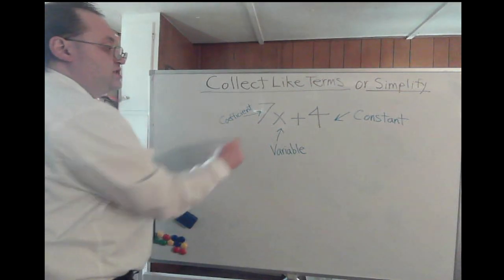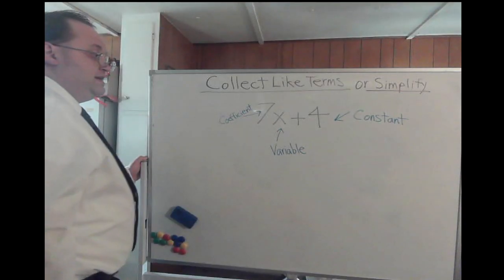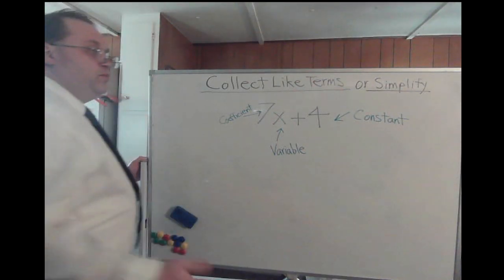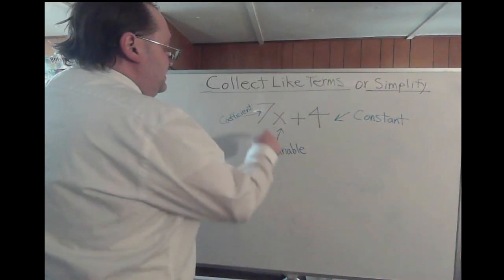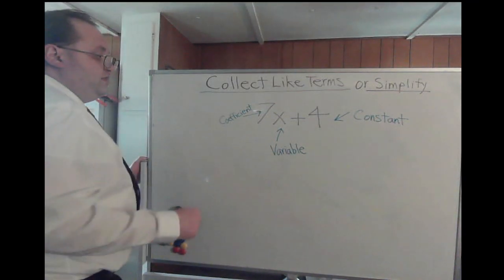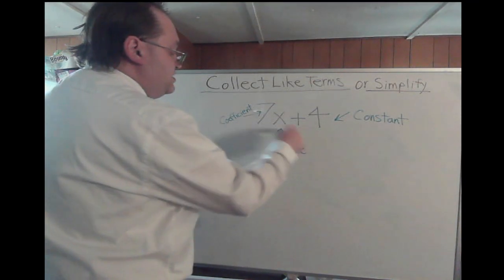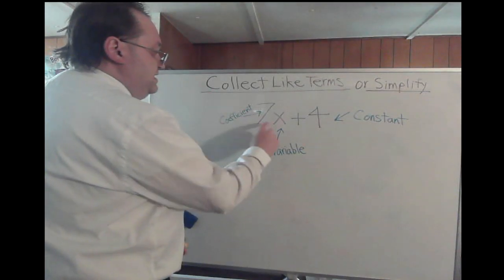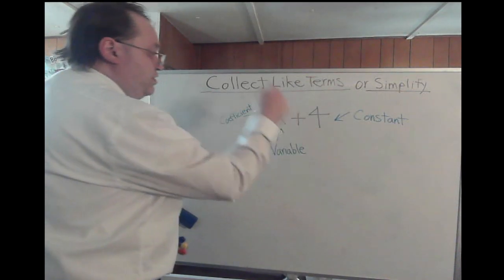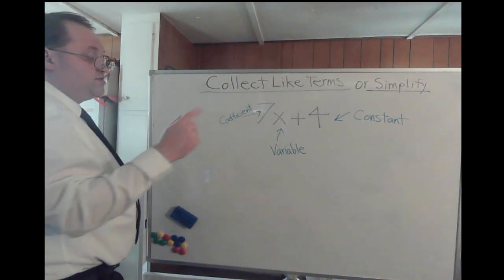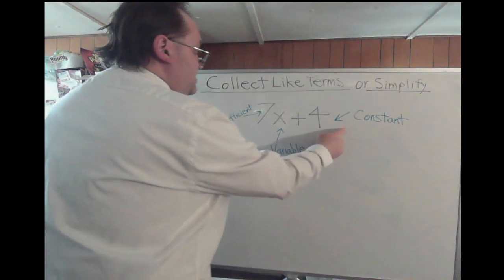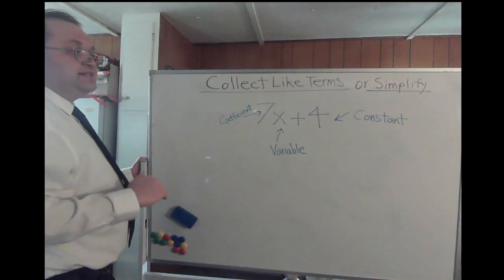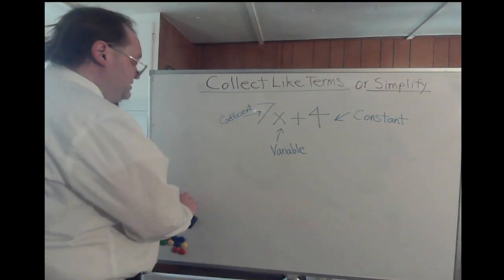Well, that 7 is called the coefficient. If it were just x, it would be 1x. 1 would be your coefficient. Then the 7x and the 4 are considered terms of the expression. But the 4 is just a constant. If you see a number by itself, it's called a constant.